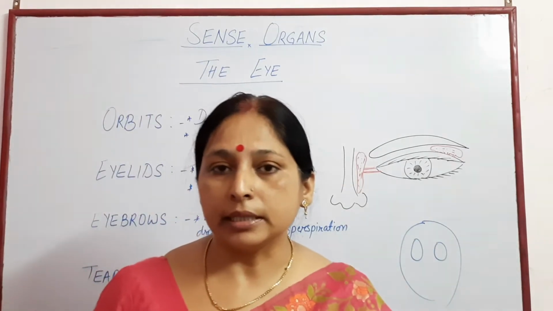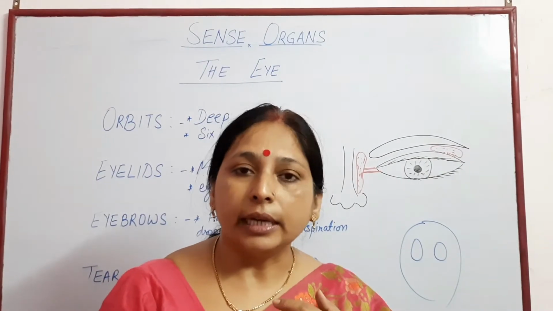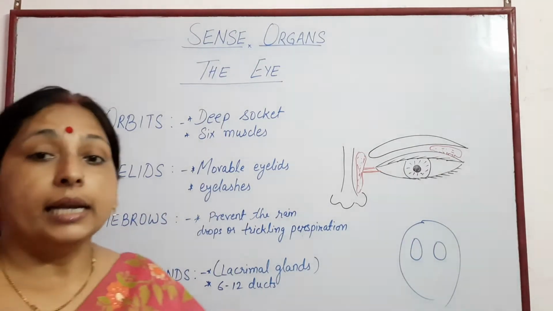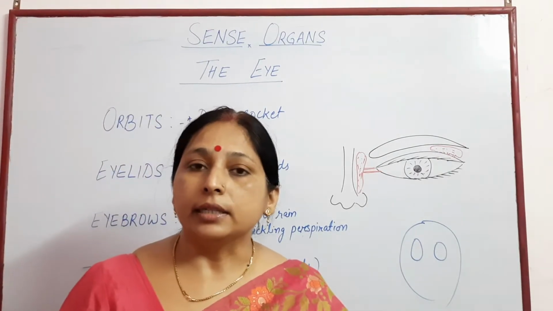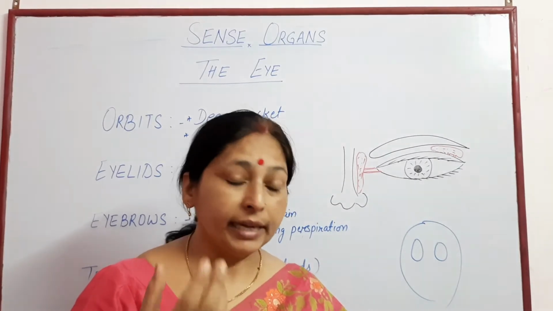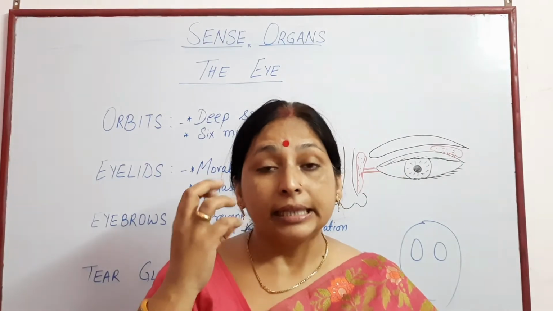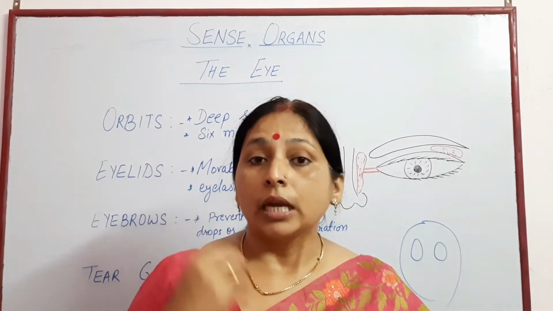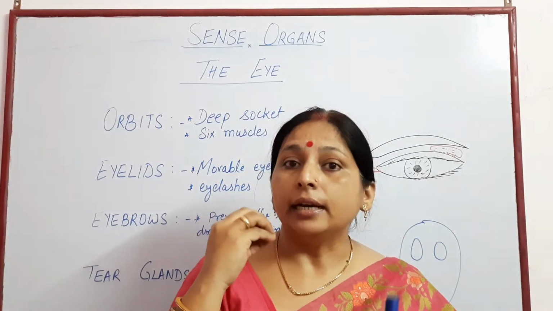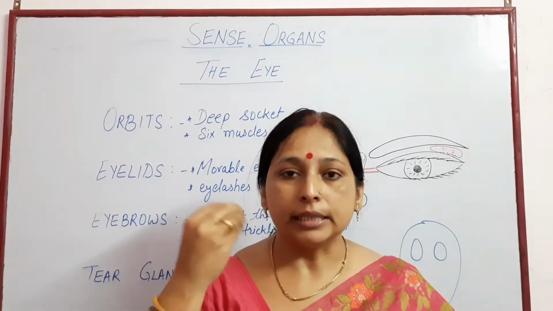Six muscles are present which help the eyeball to rotate, so that rotation is with the help of six muscles. Next is eyelids. Both upper and lower eyelids are movable. The role of the eyelid is, when we see that something is coming close to our eyes, the eyelids close the eye or shut the eye opening, so that it prevents entry of any foreign particle inside the eye.